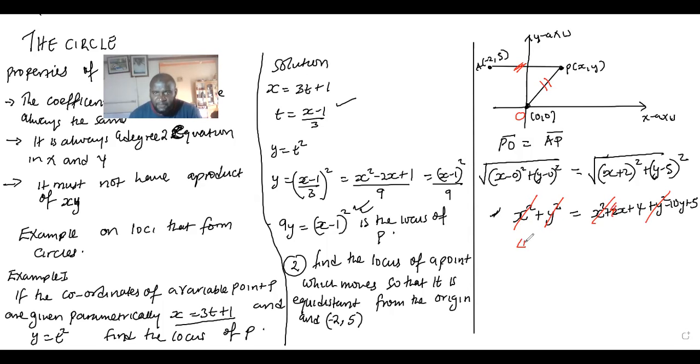So it becomes 4x minus 10y plus 9 equals 0, is the locus of P. Which locus of P is a what? A line. I think all of us know that that is a line.